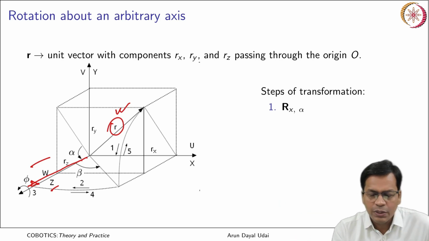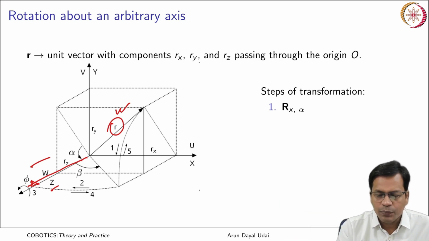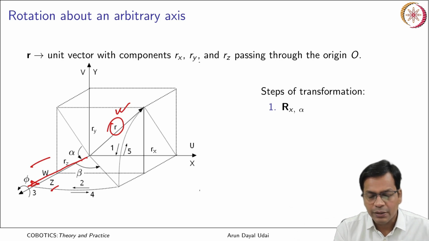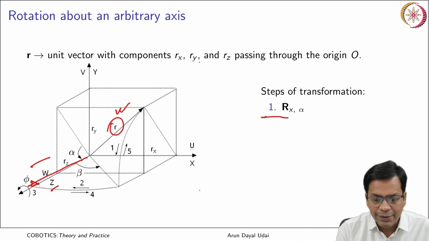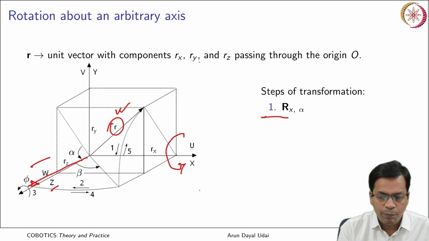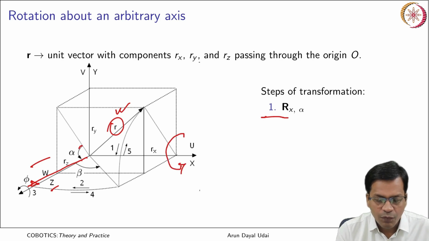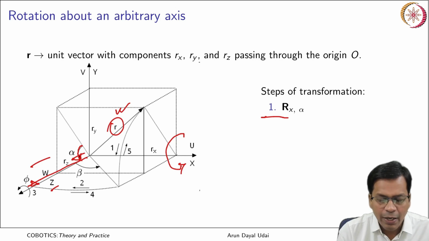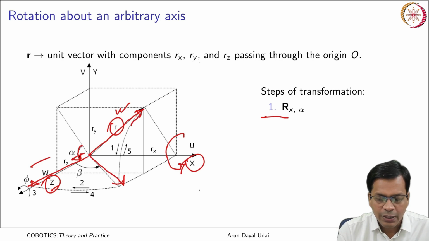So in the first step I'll rotate about the x axis by an angle alpha, so as to bring this R vector in the zx plane. So this comes here after rotating like this.